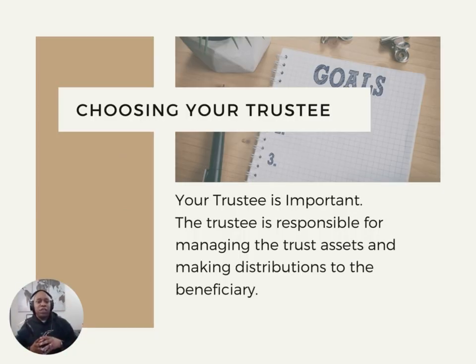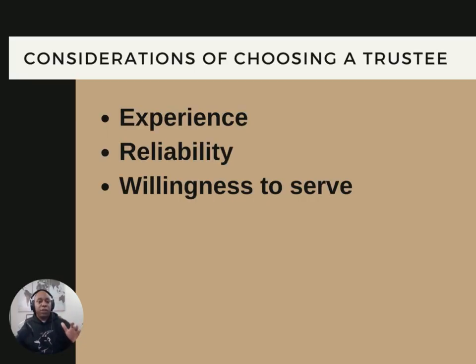All right. Choosing a trustee. Choosing your trustee is very important, because their responsibility is to manage the trust assets and then ensure that the distributions get to your beneficiary. The things you want to consider are their experience, their ability to be reliable, and also their willingness to serve.